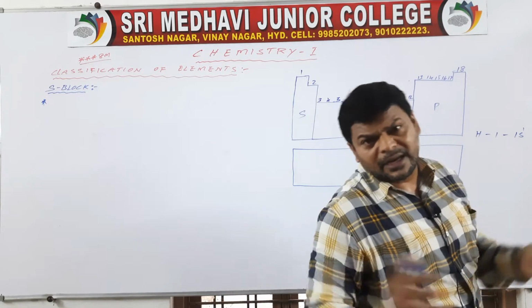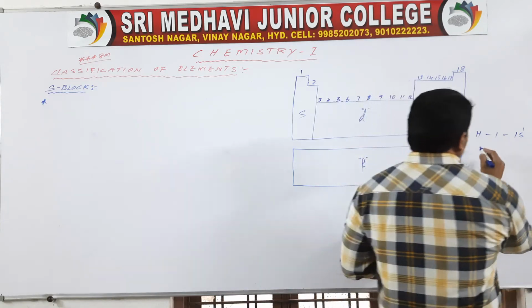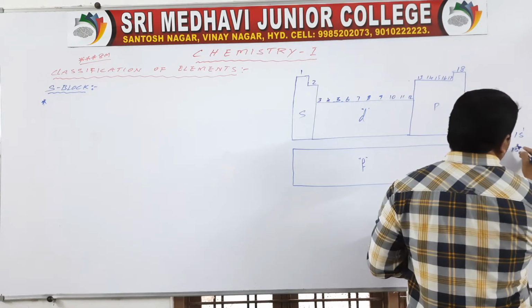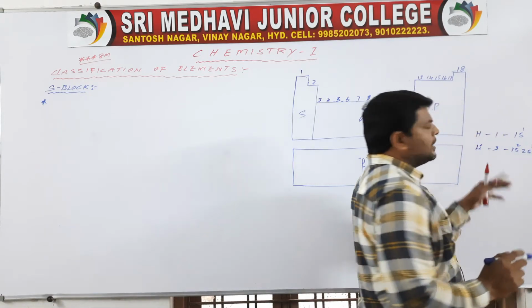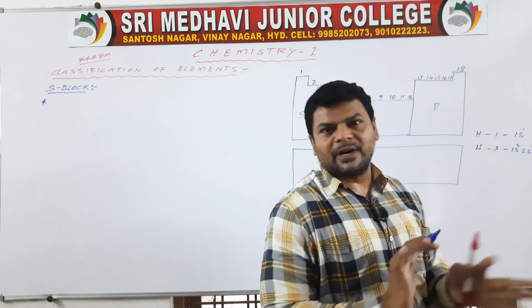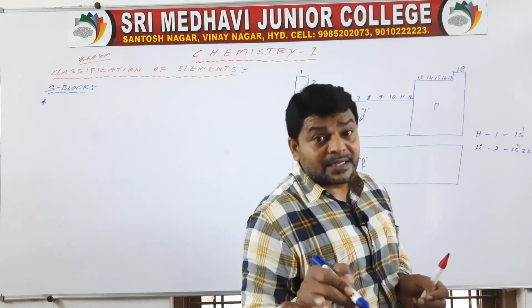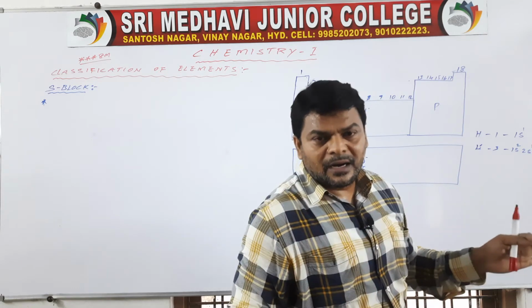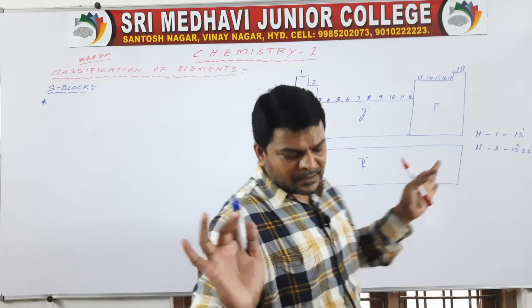For example, lithium atomic number is 3, 1s2, 2s1. Whatever it may be, 1s, 2s, 3s, if the differentiating electron enters into S orbital, they are called S block elements.